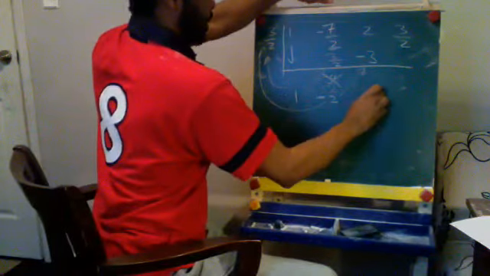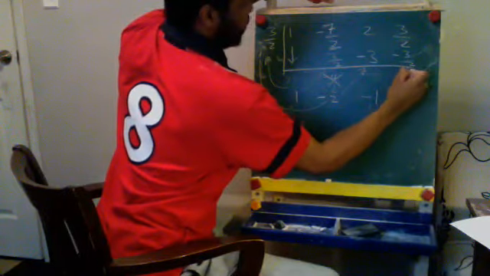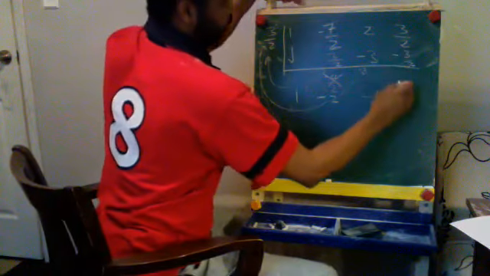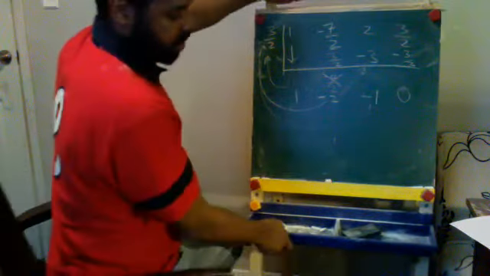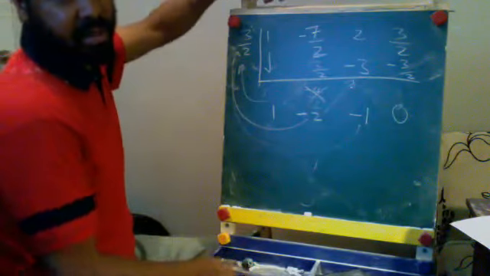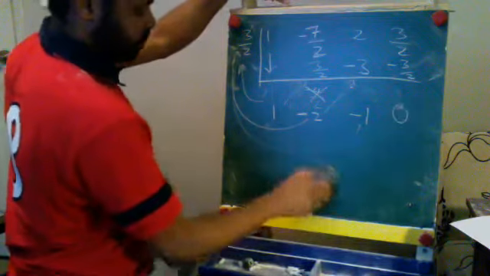Which I'll write down here. And negative 1 times 3 over 2 is going to be negative 3 over 2. And now I add negative 3 over 2 to negative 3 over 2, and I'm just going to get 0. All right? So my board just went all the way down. I'm just moving back. All right, so now I'm good to go.